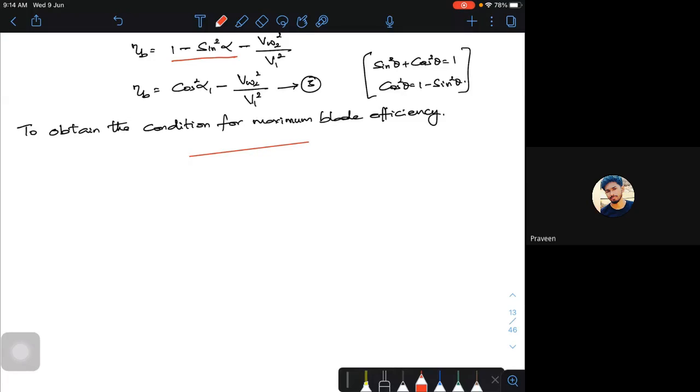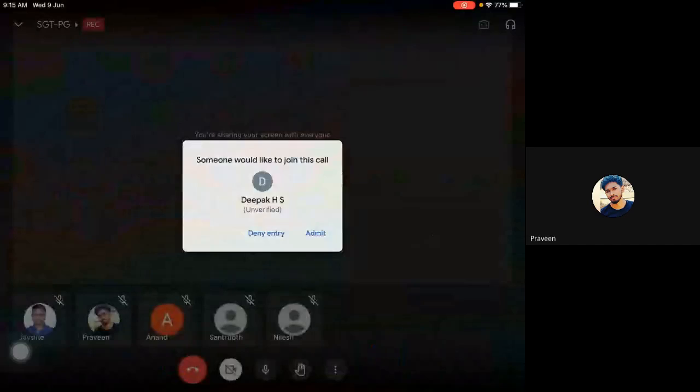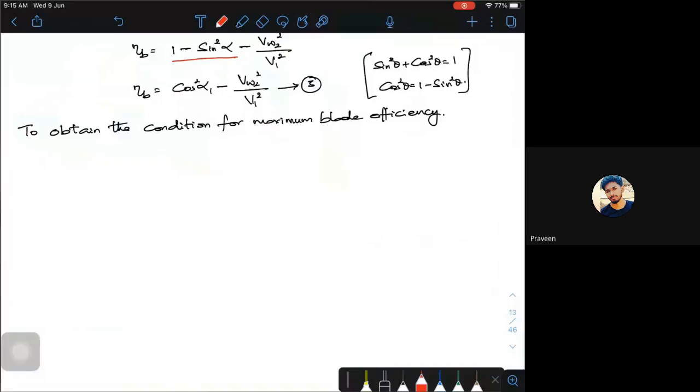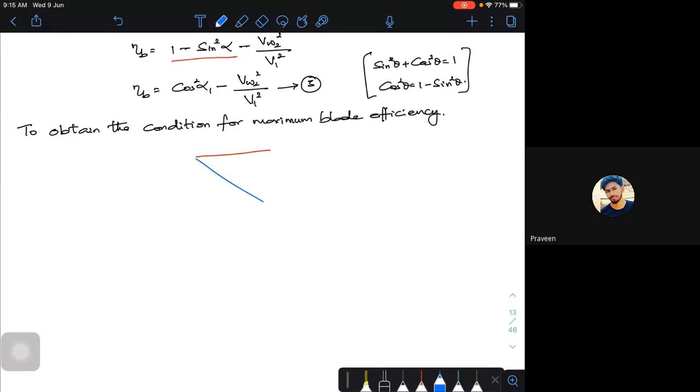Then I have my VR going like this. This is my U and this is my V2.